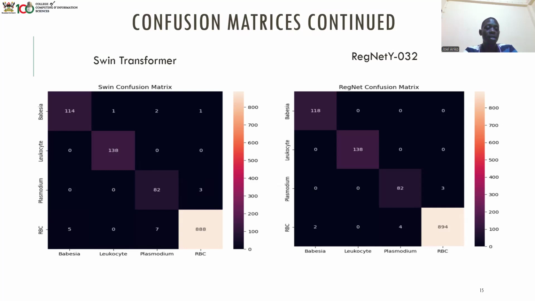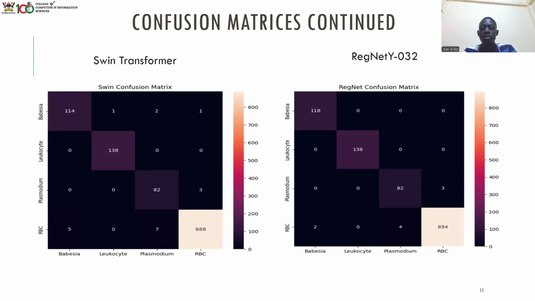Of course, all these models performed well on leukocyte; they didn't make any mistake, 100%. Then for plasmodium, the Swin transformer misplaced only 3, predicting them as red blood cells. Then for the red blood cells, 5 were predicted as Babesia, then 7 as plasmodium. So based on these evaluation metrics, the rest of the models outperformed the Swin transformer.